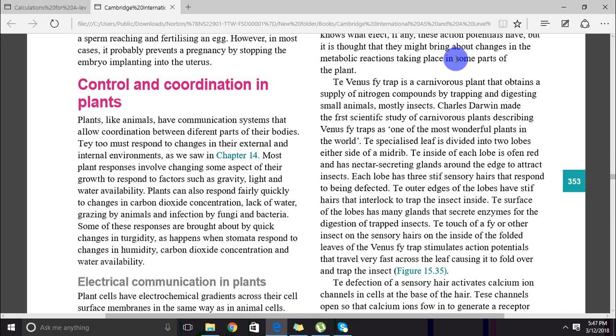While in mammals, this depolarization is achieved by the influx of Na+ such that there are more positive charges inside than outside. But in plants, this depolarization or this creation of positivity is actually achieved by the outflow of Cl-.